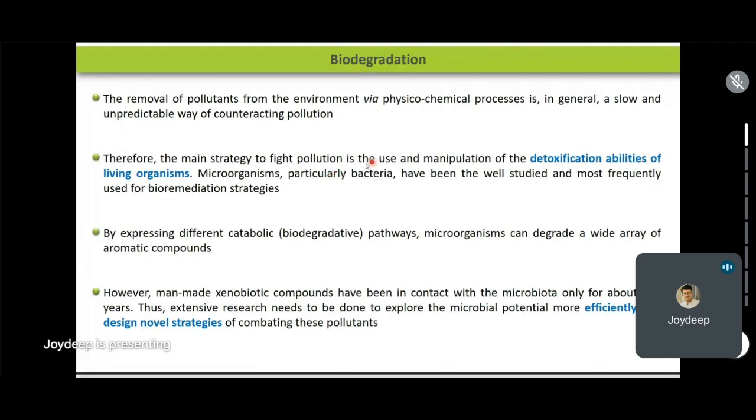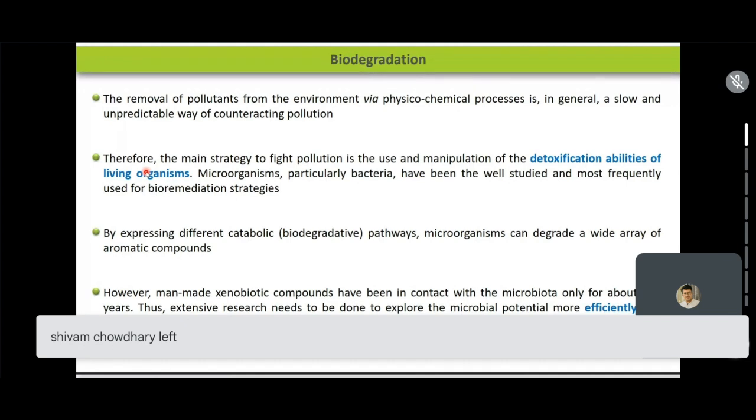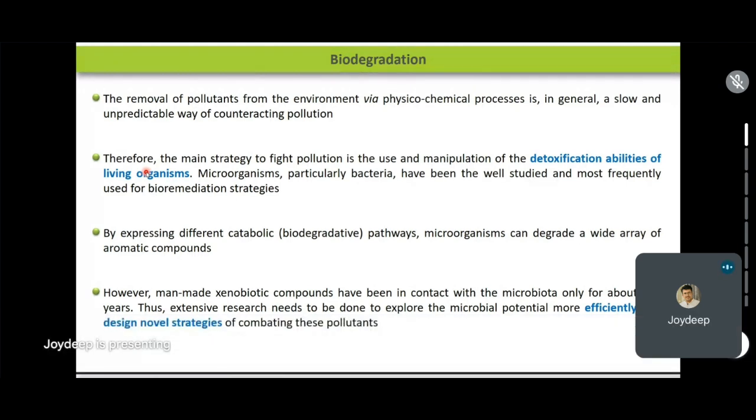So the main strategy to fight pollution is to manipulate the detoxification abilities of living microorganisms. This is very important here, because many microbes have their own detoxification abilities.